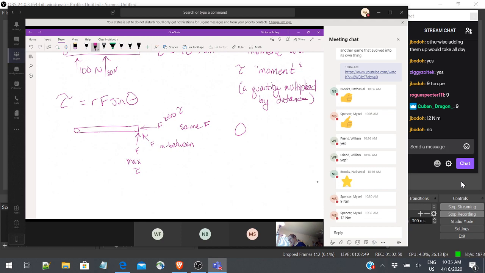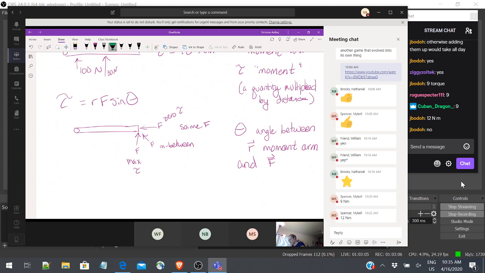Okay, what is this angle theta? So theta is the angle between that moment arm and the force vector.